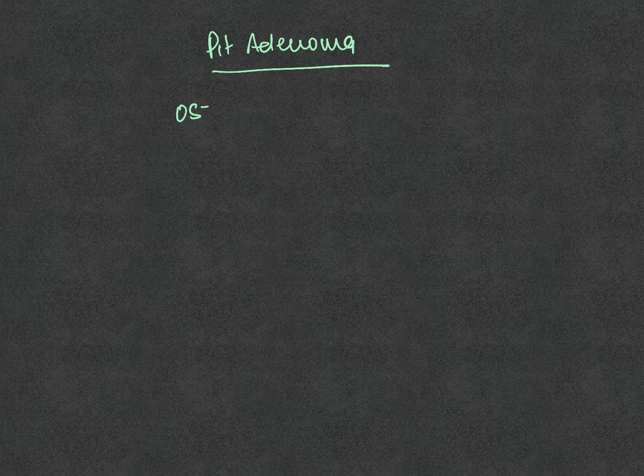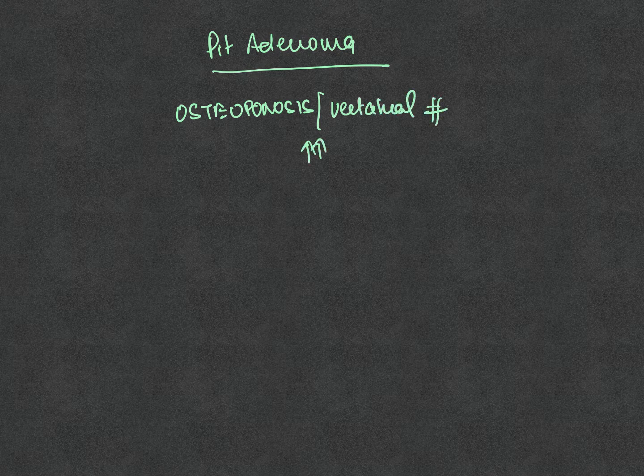Now, in case of pituitary adenoma, this is a cramming point, risk of osteoporosis and vertebral fracture is going to be more, which is not going to be here in ectopic ACTH.